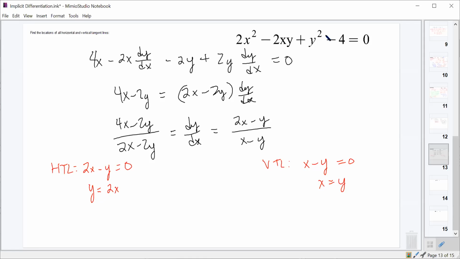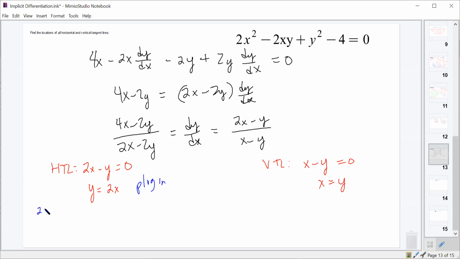Exactly. We're going to have to substitute back up into the original equation. So we're only looking for the locations of where these occur, which means we're going to want everything to be in terms of x values, probably. So if we substitute y equals 2x in, that ought to work out, right? So we're going to plug this in.